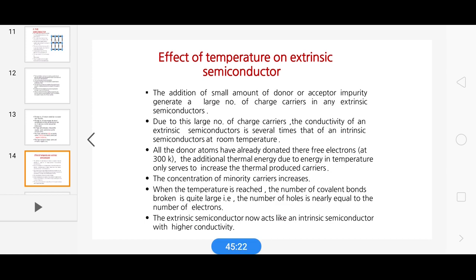So the extrinsic semiconductor now acts like an intrinsic semiconductor with higher conductivity. In the extrinsic semiconductor, the charge carriers are generated by adding impurity atoms as well as by thermal energy.